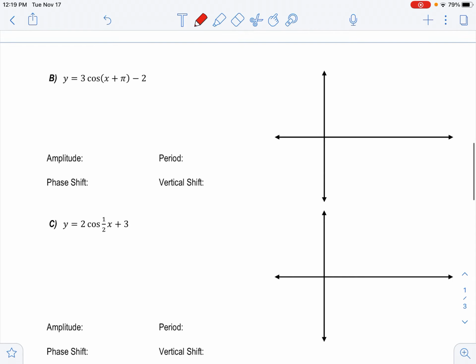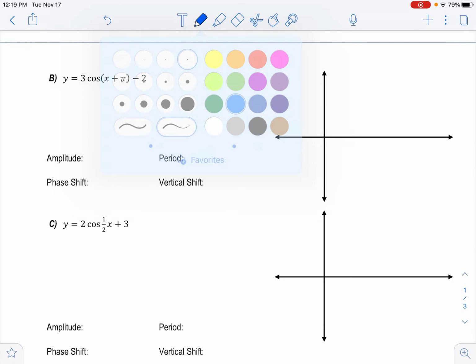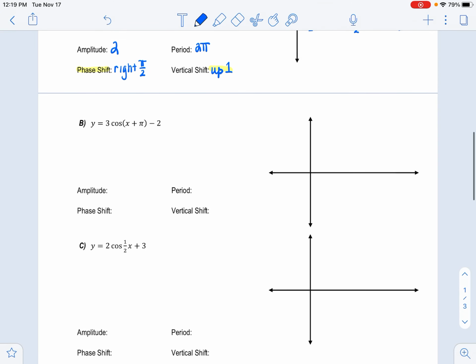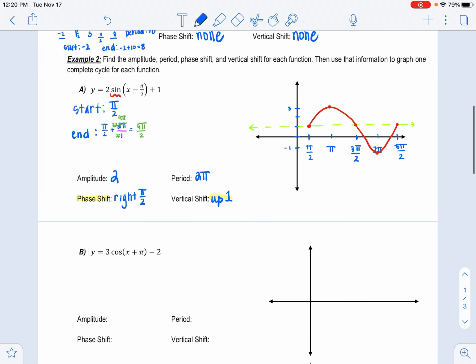So notice that we have 4 more to try. They're all a teeny tiny bit different. So if you look at the next one here, first thing I look for is a b value. So notice the b value is 1 again. So let's actually look to see what we're doing together.